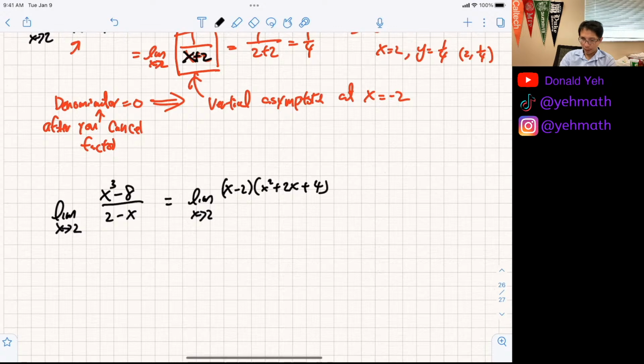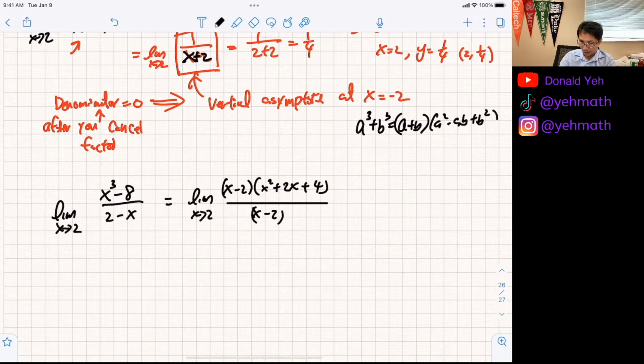Perfect. Over x minus 2. How did he get that? It's actually this formula: a cubed plus b cubed is equal to a plus b times a squared minus ab plus b squared. It's called the sum of cubes. There's also a difference of cubes. It's like this.